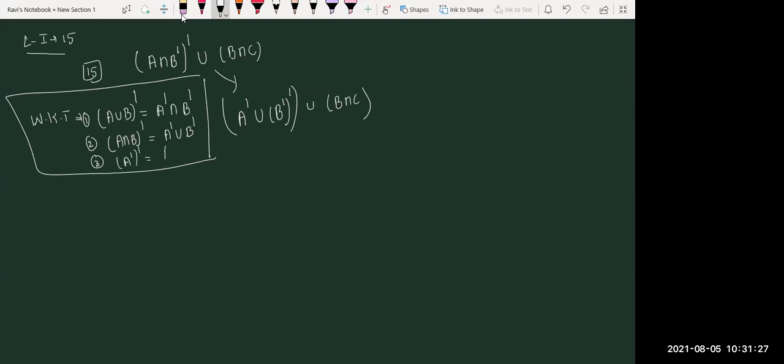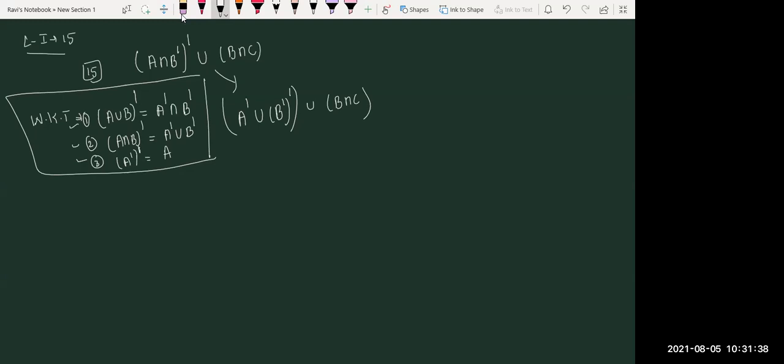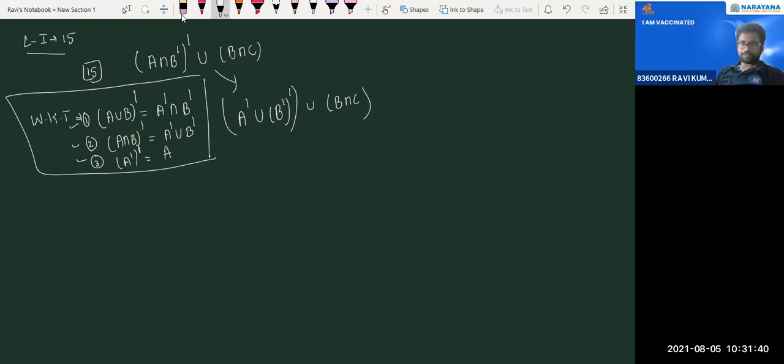A, sir. We proved this in exercise 1.4 or 1.5. A complement whole complement is A, and B complement whole complement will be B. Now we understand everyone? Yes, sir.